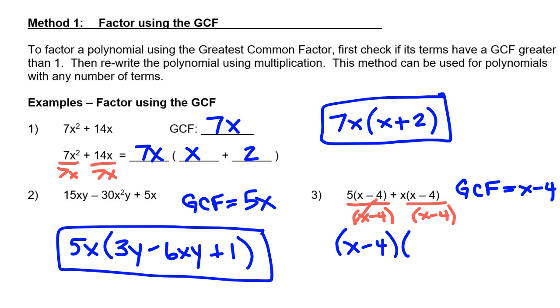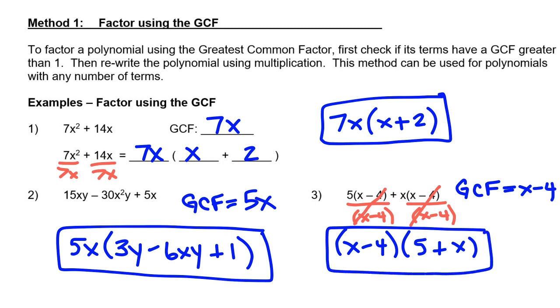So in the first part, when we cancel out x minus 4, we have a 5 left over. In the second part, if we cancel out the GCF of x minus 4, we still have that x that was out front. So while this case is a little bit different, it can be factored in a similar way, where we're just factoring out the GCF.